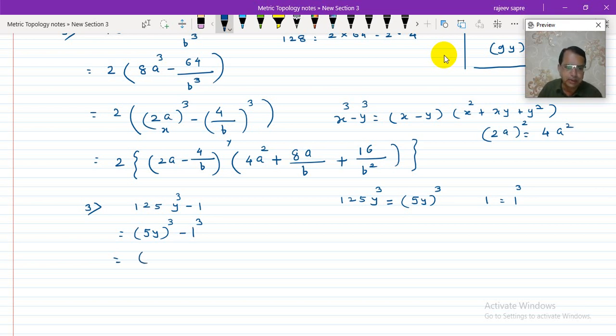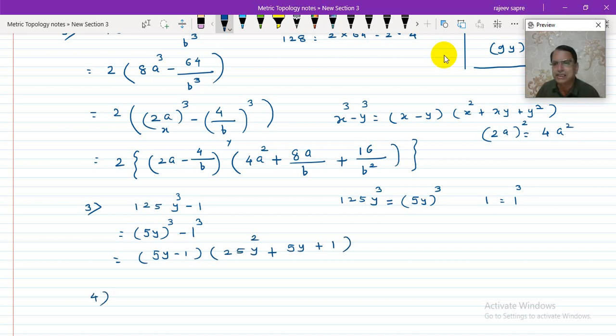So this is 5y minus 1, first bracket, x minus y. Then second bracket is x square, so 5y squared is 25y squared. Then product of x and y, so product of 5y and 1, which is 5y, and then plus 1 square, so it is 1. So done. This is the factorization.